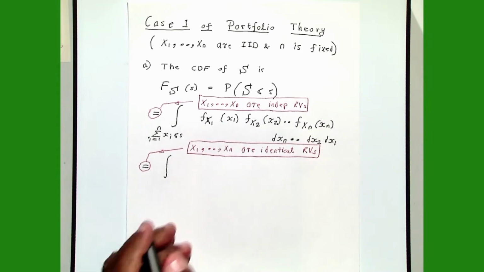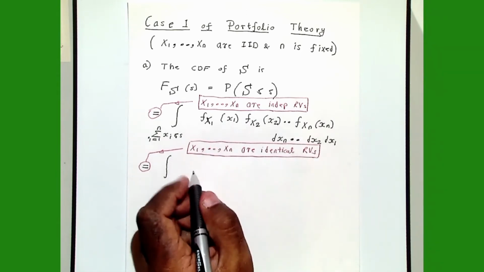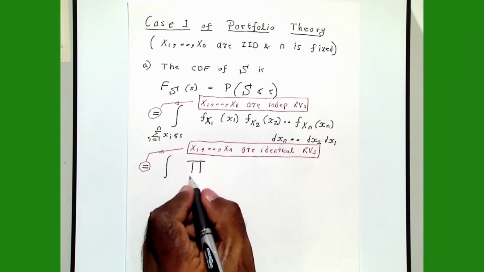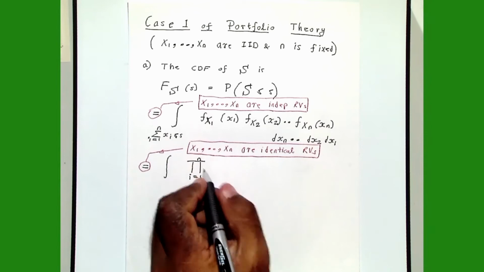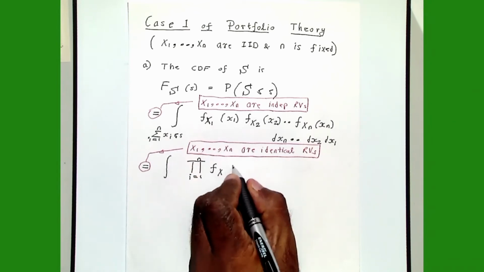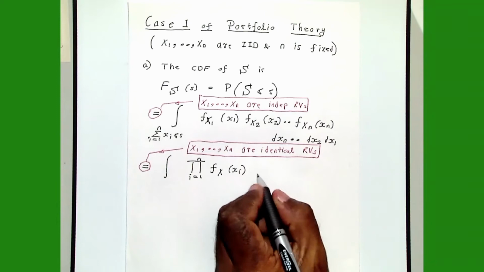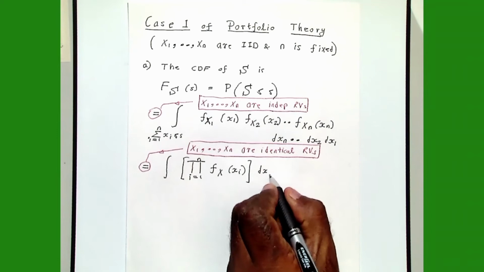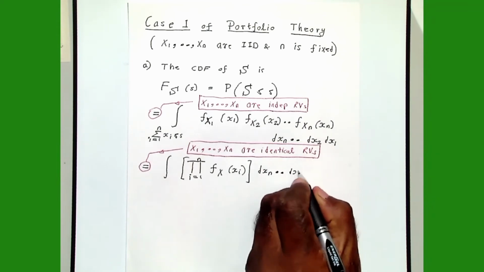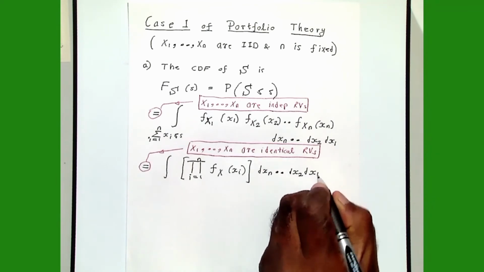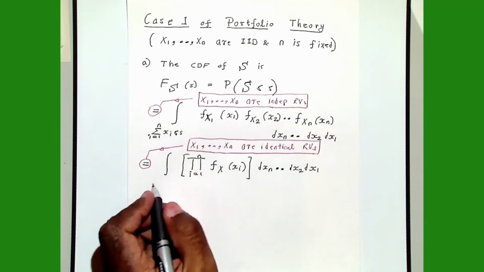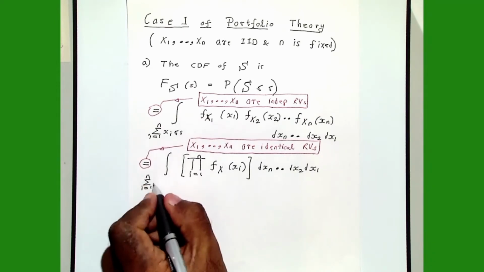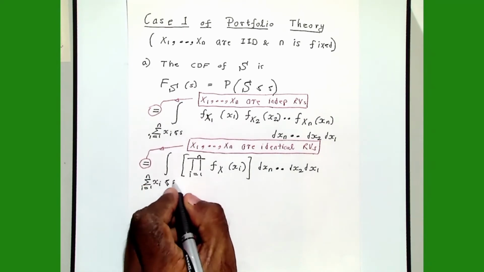Okay, so if you use this fact, then this can be written as the product, i from 1 to n, of fX(xi), then in brackets dx1 to dxn, and the integration is over the same range, that is, the sum of xi is less than or equal to s.